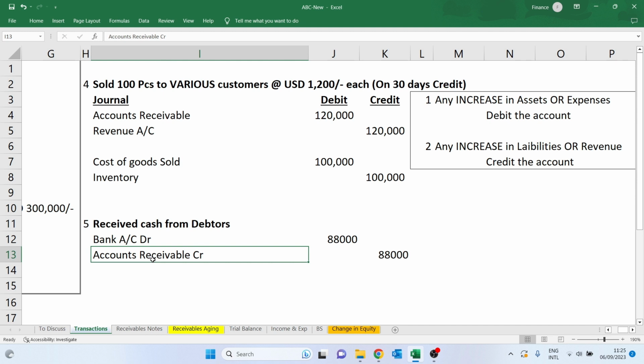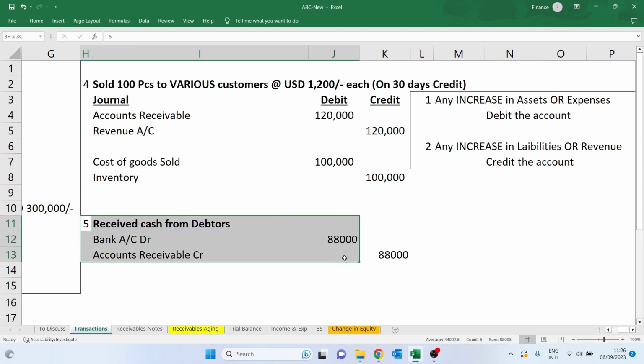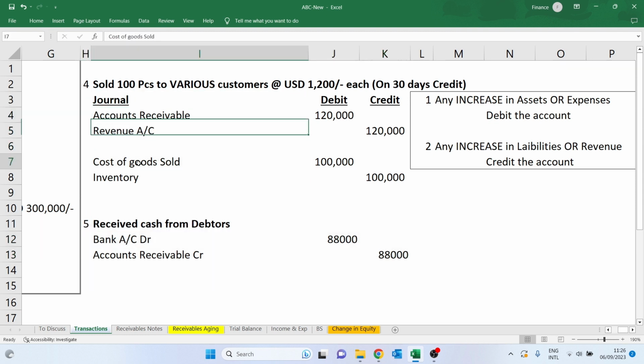Because if the customer pays, that concerned account will decrease. So they paid 88,000. Accounts receivable is an asset. If it is decreasing, increase is debit and decrease is credit. So we have credited accounts receivable because the asset is decreasing. Now these three entries, one, two, three.